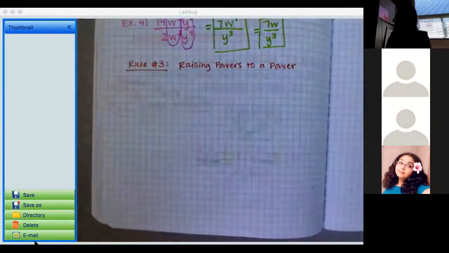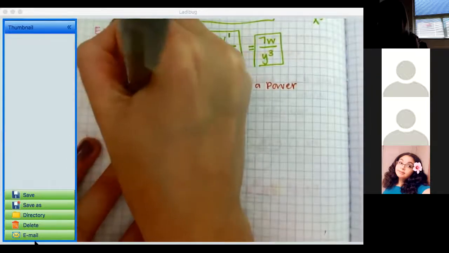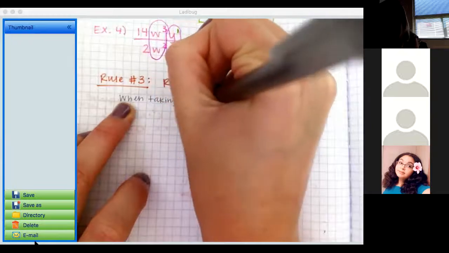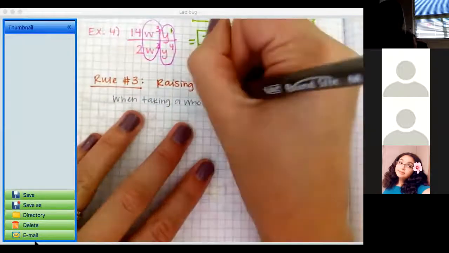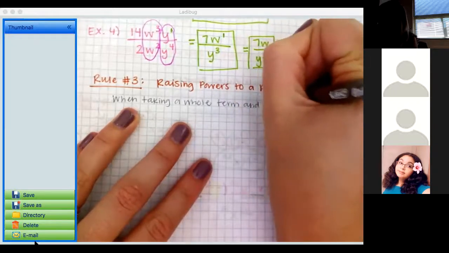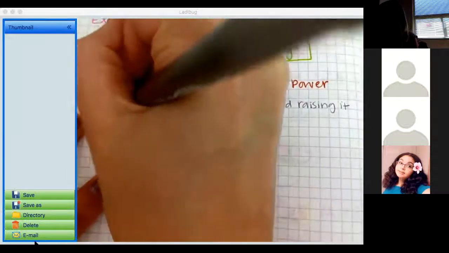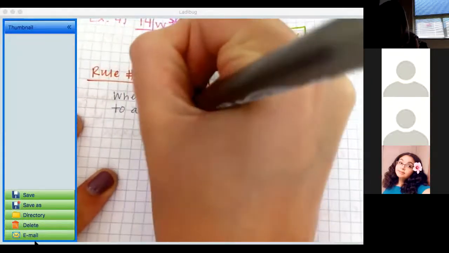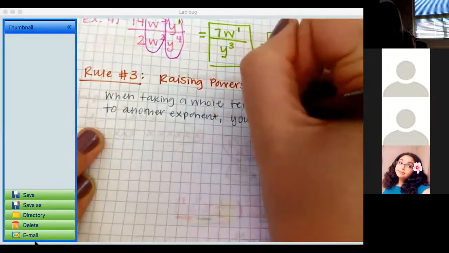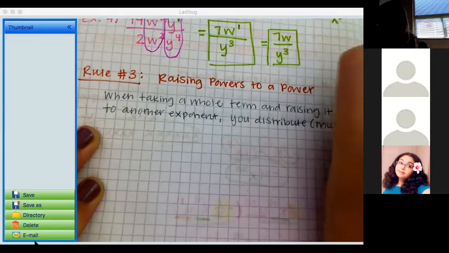So raising powers to a power. Here's your rule you need to write down. I'm going to put the word whole. I got to be hip like y'all. When taking a whole term and raising it to another exponent, you distribute, which you guys said means multiply, so I'm going to put multiply in parentheses.